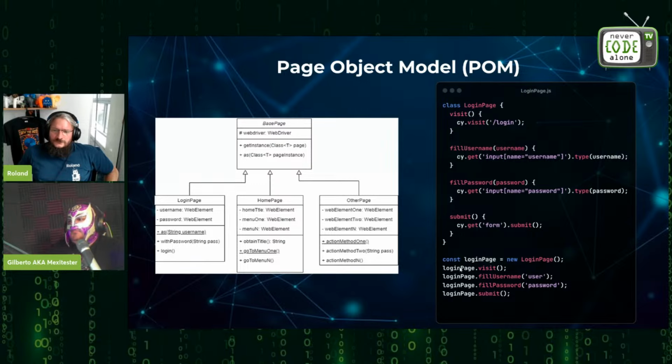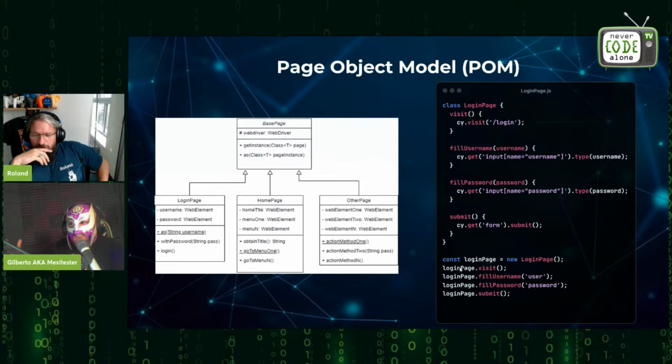The problem, and the discussion you probably mentioned, Ronald, is that you can create spaghetti code, because if you have thousands of elements, or even less than 100 elements, as you add them into the class, you also need to add the actions that you need to perform.